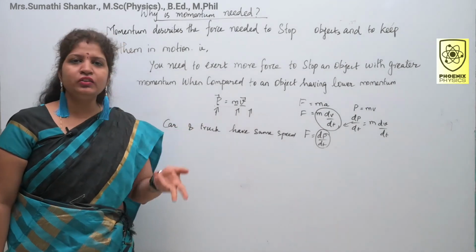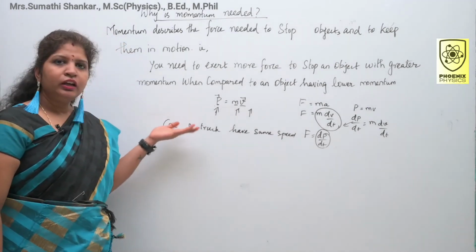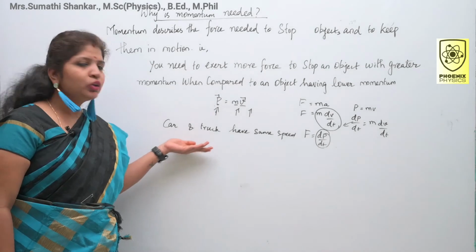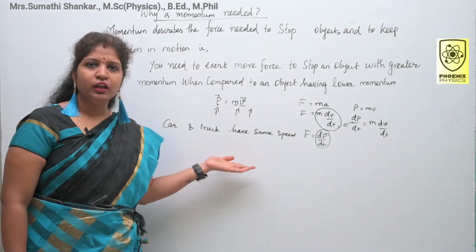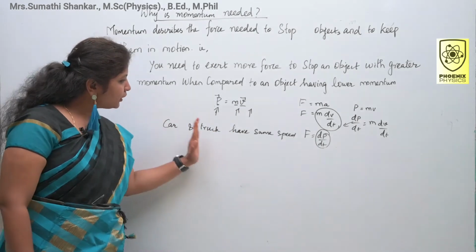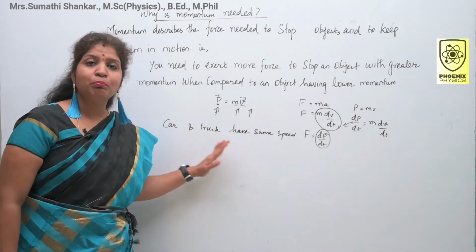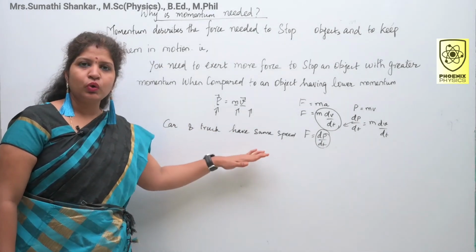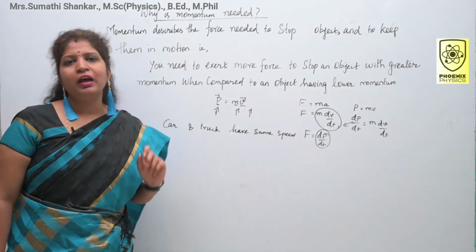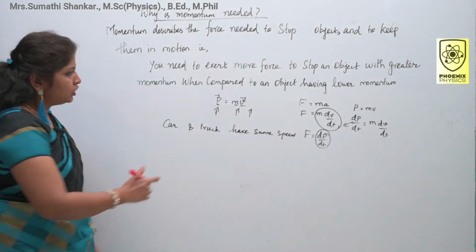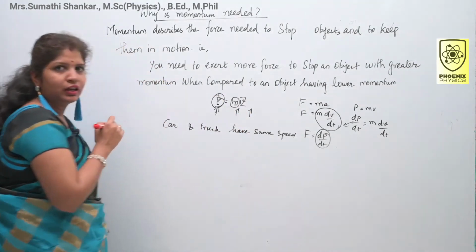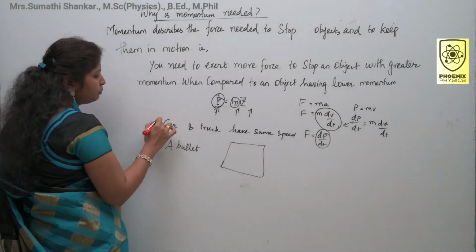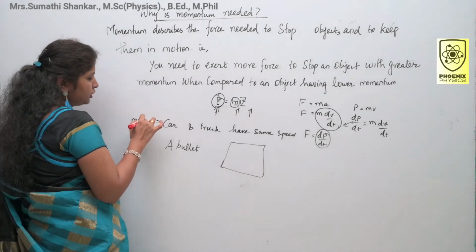You can easily say it is hard to stop truck relative to car. Why? Both car and truck have same speed but mass is different, right? So it is hard to stop heavier masses. So momentum depends on the mass. So this is an example for mass.